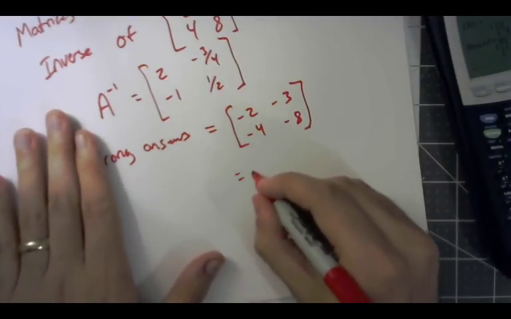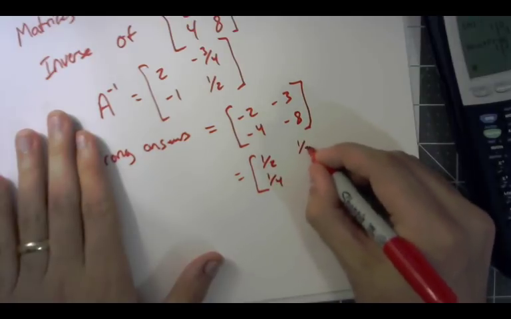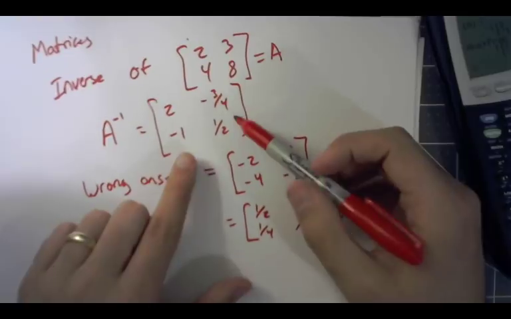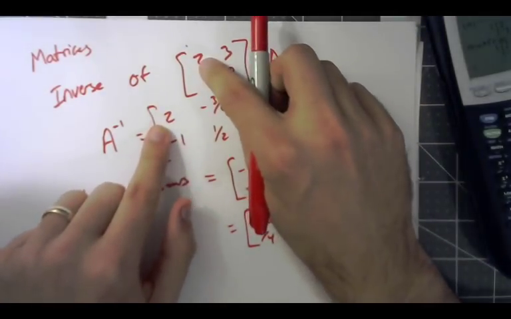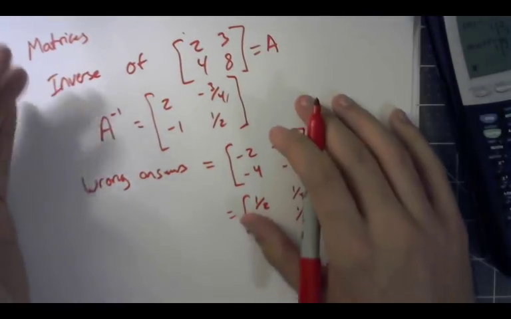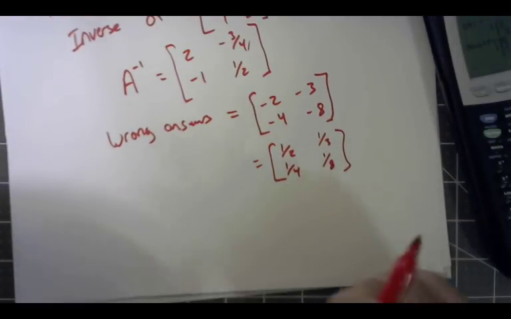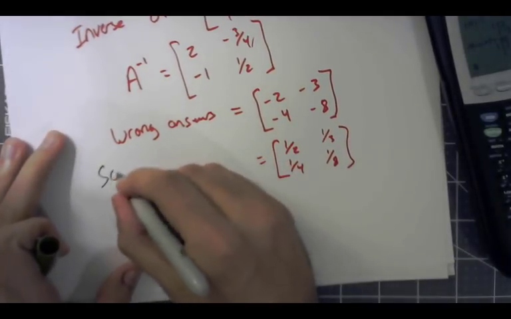Or maybe 1/2, 1/4, 1/3, 1/8. That's another way I could have tricked you. But they don't really match each other. There's no pattern like this one has to be this one or half of this one. It just happens this way. You can look up the equation. We talked about the equation very briefly. But we find the inverse just by plugging in our calculator and using the inverse button.